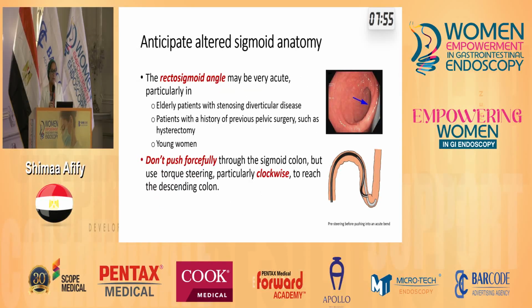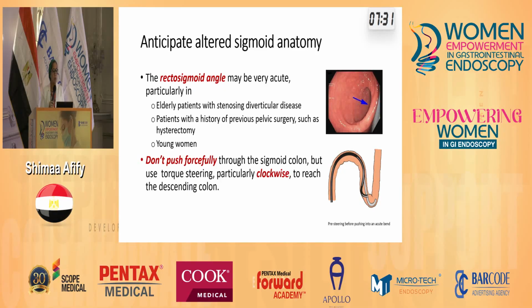You also have to anticipate the altered anatomy of the sigmoid. The colon has very variable anatomy, so you have to expect different anatomic variations in different patients. It can be very acute, especially in elderly patients with stenosing diverticular disease. You have to be very careful with diverticular disease.